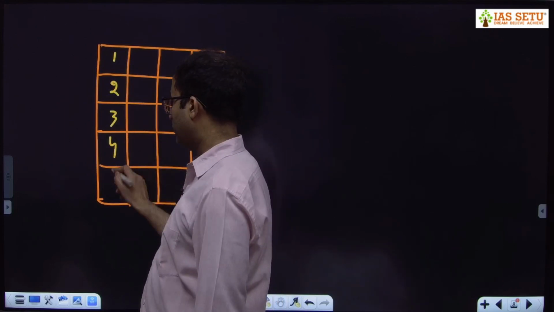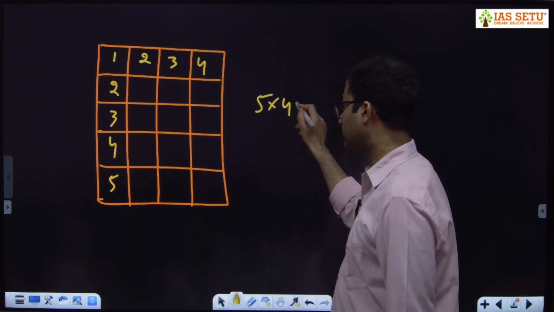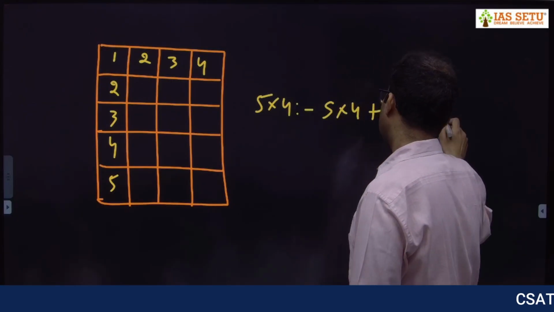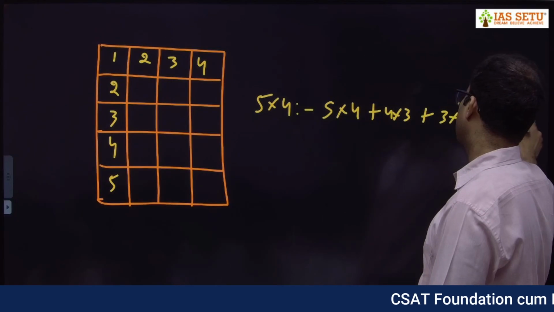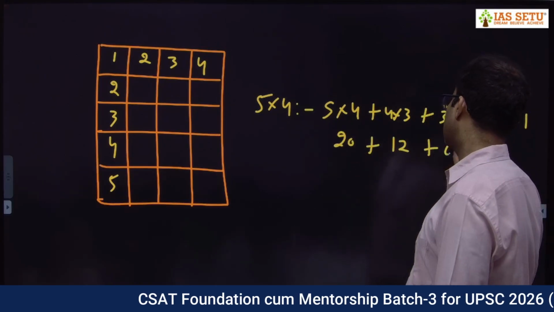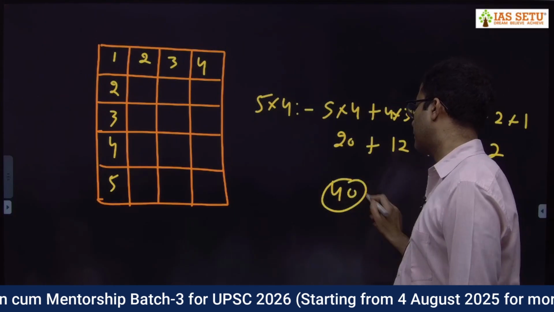One, two, three, four, 5. 1, 2, 3, 4. So it is 5 into 4 plus 4 into 3 plus 3 into 2, 2 into 1. This is 20 plus 12 plus 6 plus 2. So here this is 32, 38, 40.